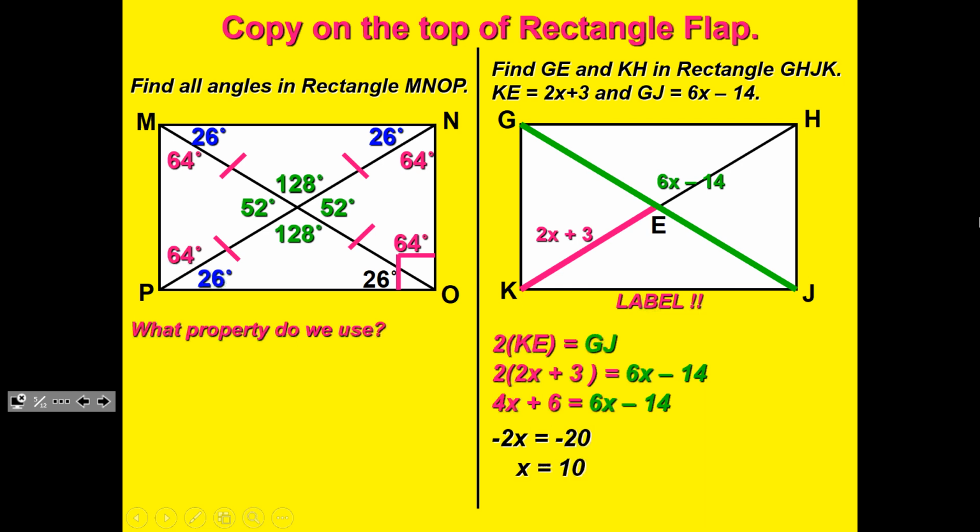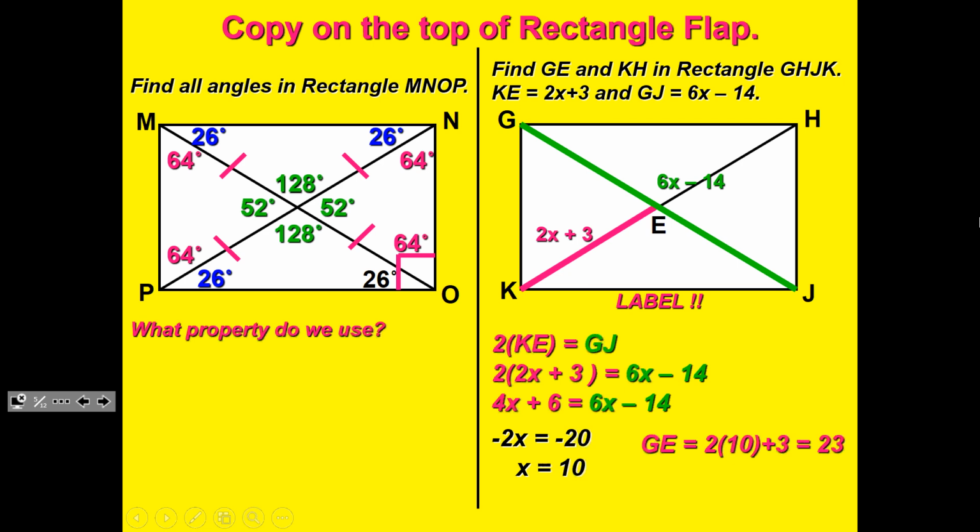Okay. Now, not only did they ask us to solve for x, they also want the length of GE. So what should the length of GE be? How would I find that? And half of the 6x minus 14 would also be equal to the 2x plus 3, since this is a rectangle, right? So we're going to plug that in. And what do we get for GE? Very good.